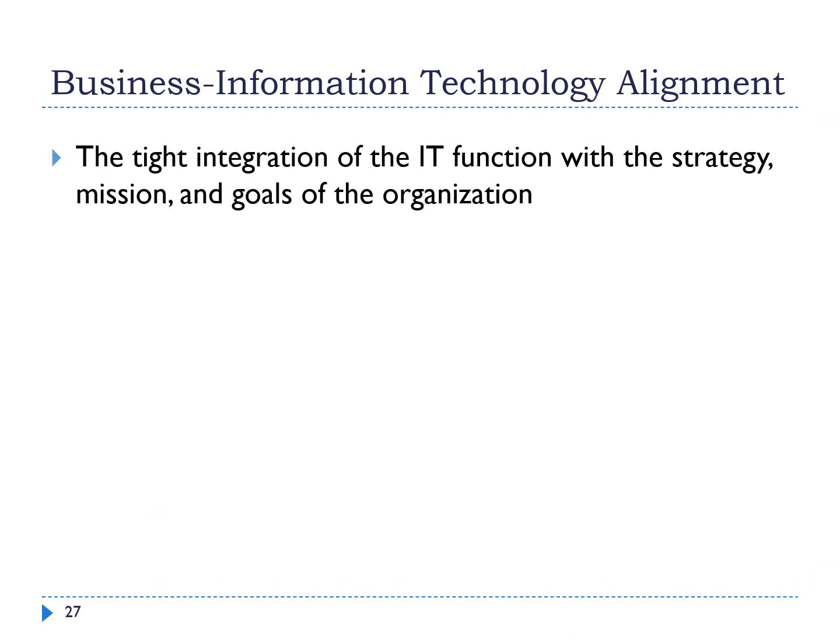The best way for organizations to maximize the strategic value of IT is to achieve business information technology alignment. Business information technology alignment is the tight integration of the IT function with the strategy, mission, and goals of the organization.